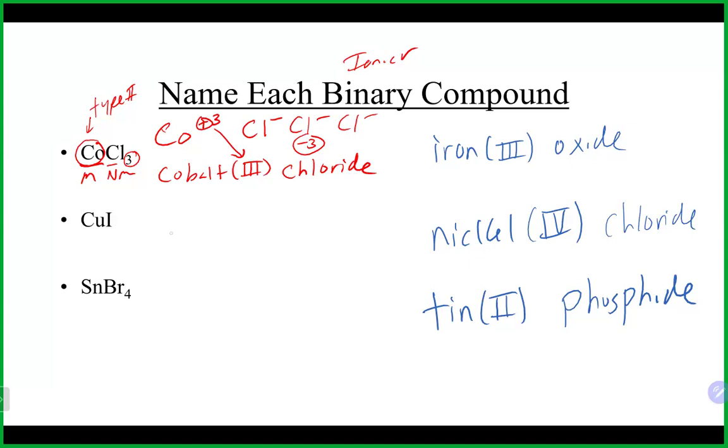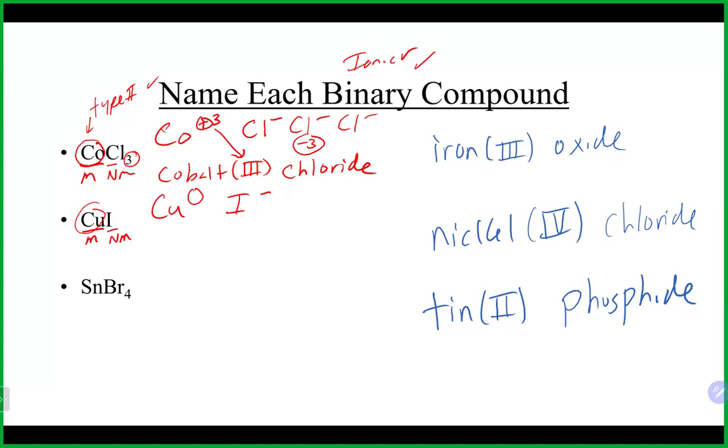Okay. Coming this way, we have Cu, which is a metal. I is a non-metal. So again, going to check the ionic box. Looking at copper, number 29 up there, it is a transition metal. So that's going to check the type 2 box. Just rolling through our normal procedure here. Not sure what the copper charge is, but I for sure know I is group 7, which means it should have a -1 charge.